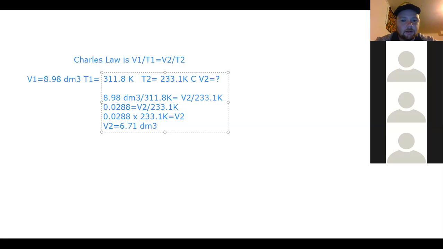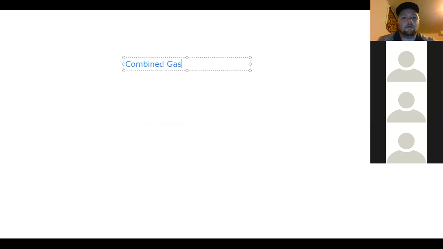So, not number 8, number 5. I'm going to go ahead and clear this now. Number 5 uses the combined gas law. This is P1 V1 divided by T1 equals P2 V2 divided by T2.